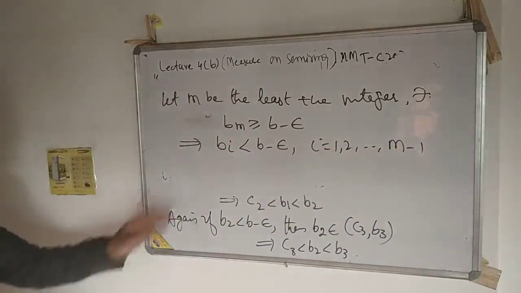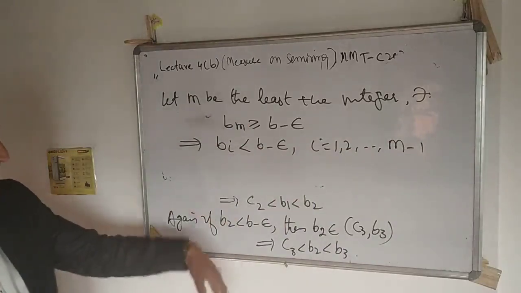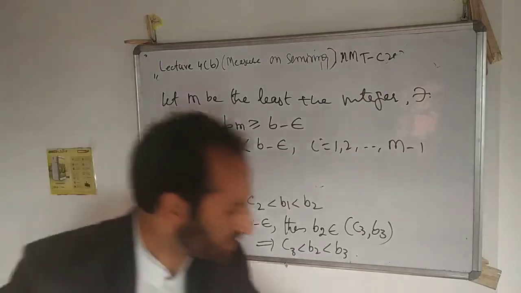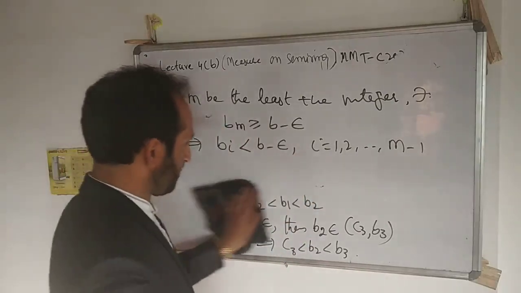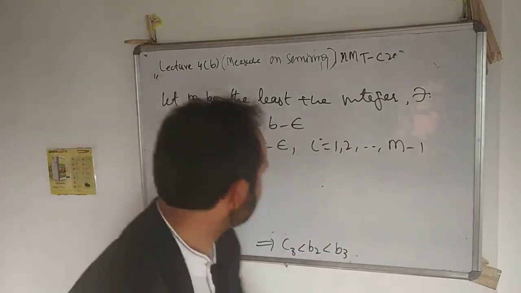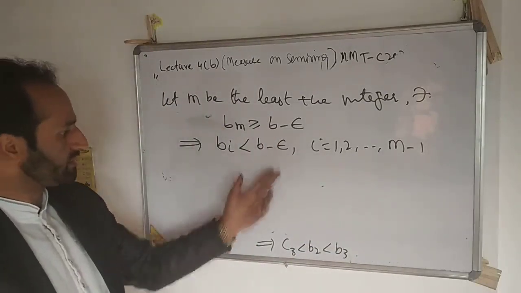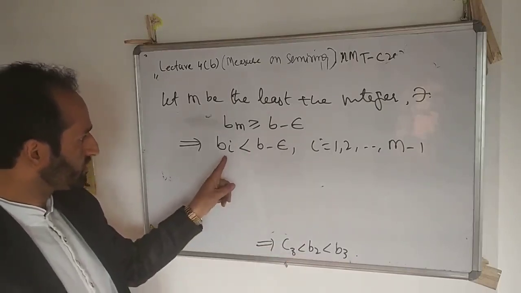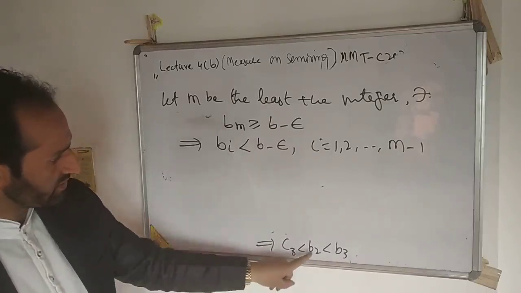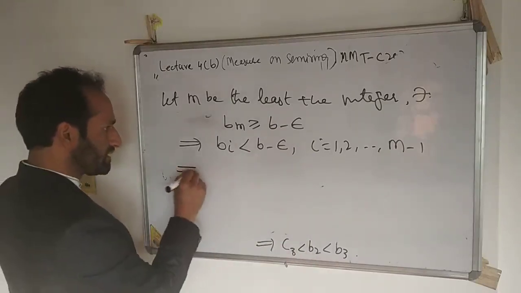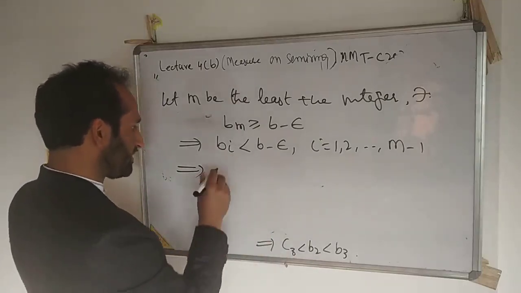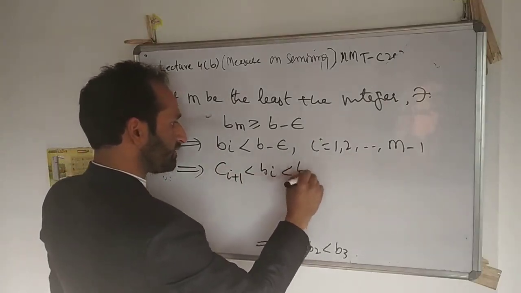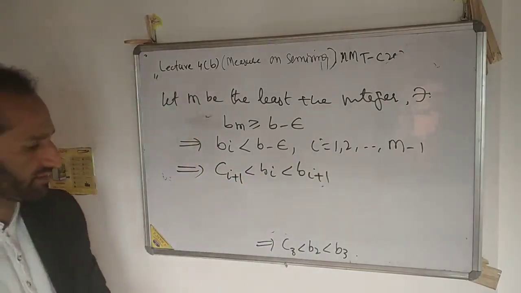Up to m minus 1 it satisfies this inequality, but at a certain stage the inequality must be reversed, so it must be Bm greater or equal to B minus epsilon. But for those points, whenever B1 is less than B minus epsilon, then C2 is less than B1 less than B2, and if B2 is less than B minus epsilon, then C3 is less than B2 less than B3. So this gives that Bi lies between: C(i+1) is less than Bi, and Bi is less than B(i+1).